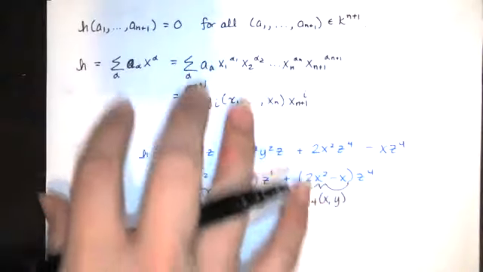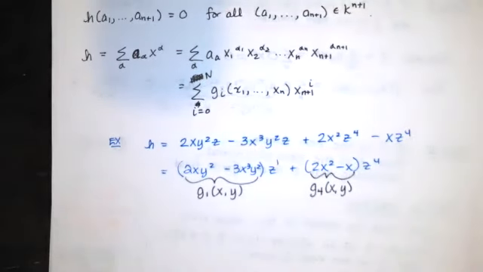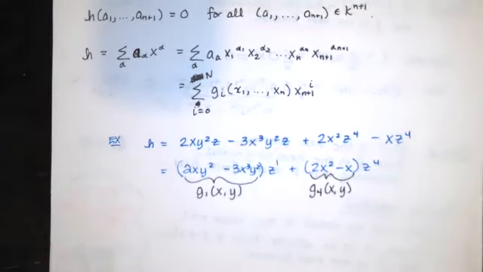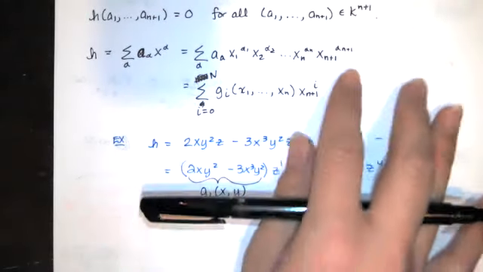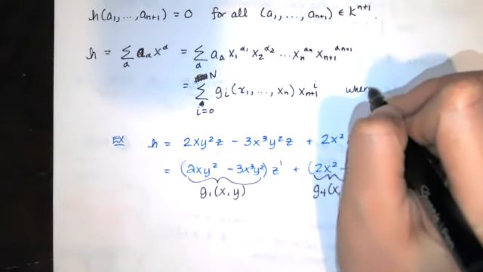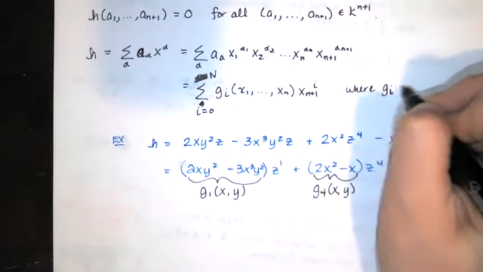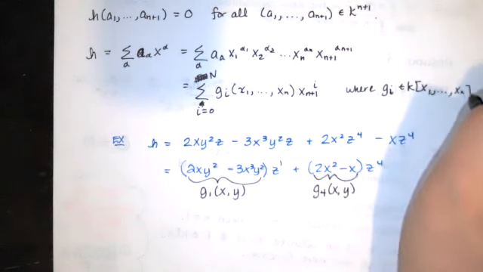But look, we've rearranged it. So we've got polynomials in n variables here, and then we're tacking on this n plus 1th variable. Okay, so we've collected the powers of x sub n plus 1, and we've written this in this way. And now we're going to have these g's in the polynomial ring with n variables.